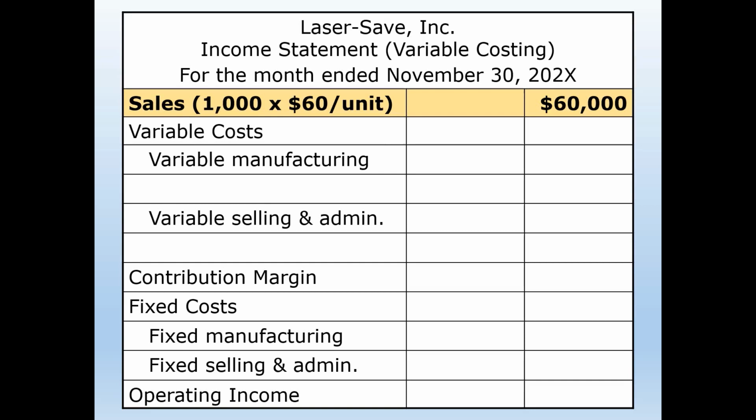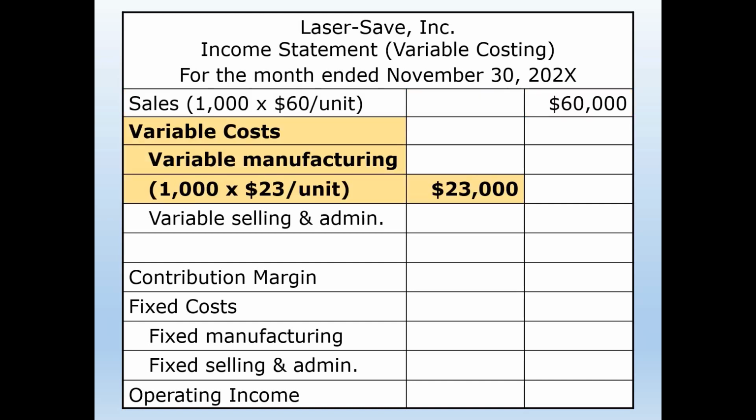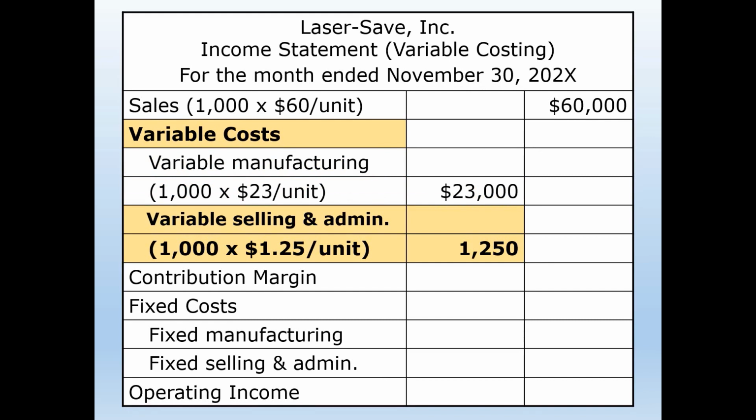Sales revenue is the 1,000 units times $60 per unit. Variable manufacturing costs are 1,000 units times $23 per unit. Variable selling and administrative is 1,000 units times $1.25 per unit.